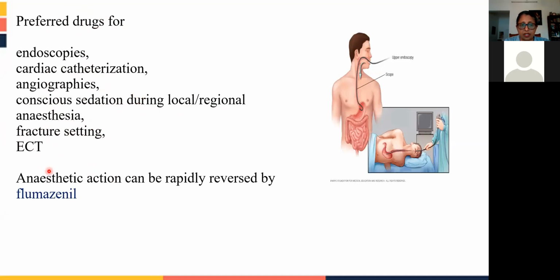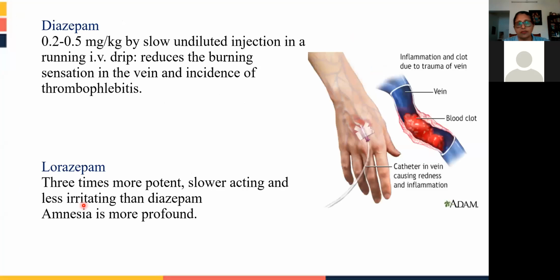And if you want to reverse the anesthetic action, we can use the benzodiazepine antagonist, that is flumazenil. Okay. Now we will see some benzodiazepines, starting with diazepam. If you give diazepam directly into the vein, it may cause thrombophlebitis, which is inflammation of the vein.